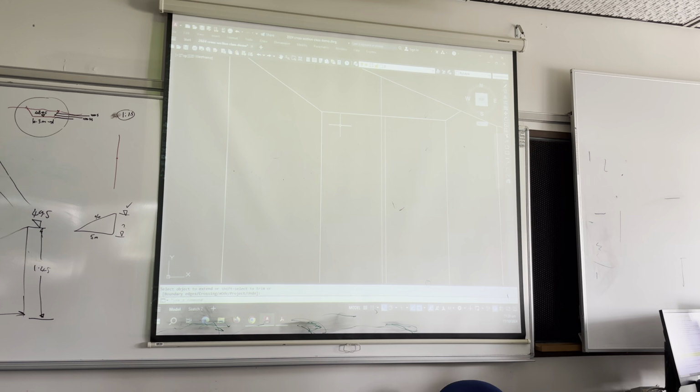So we've got 48.25, we've got 48.05. So how much is the difference between those two? 0.2? Yep. So let's offset 0.2, and let's click there and take it along.